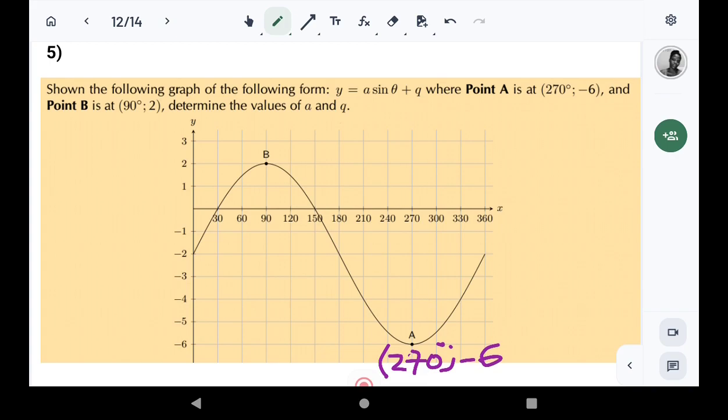The other point, point B, this point, is at 90 degrees and the y coordinate is 2. So 90 degrees and 2.